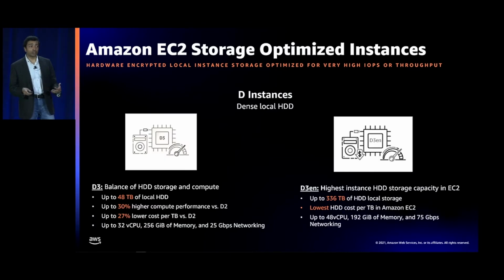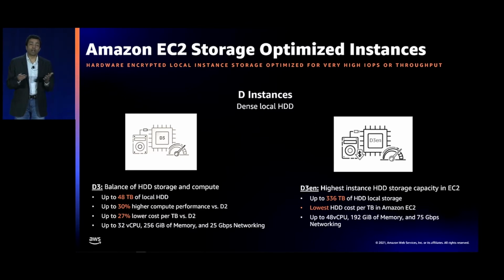If I switch gears to the HDD-based instances, we've got 2 offerings here, which we launched last year around this time frame: the D3 and the D3en. D3 is a good combination of compute and HDD storage. If you're already using an existing instance called D2, D3 is an easy migration from D2.